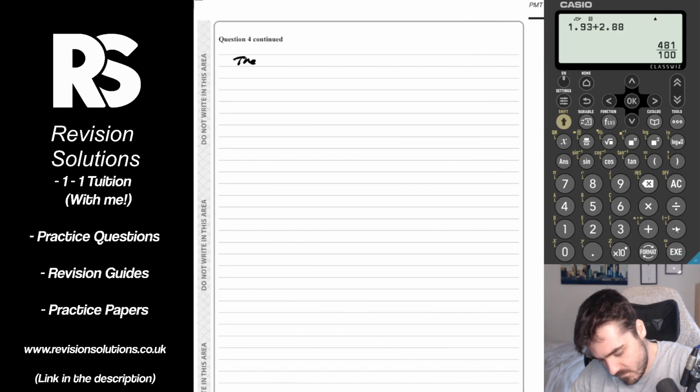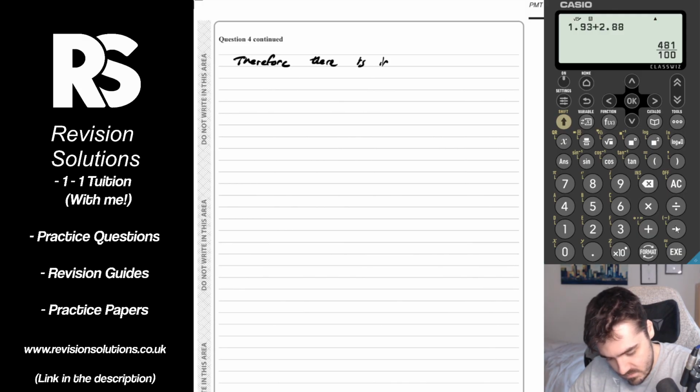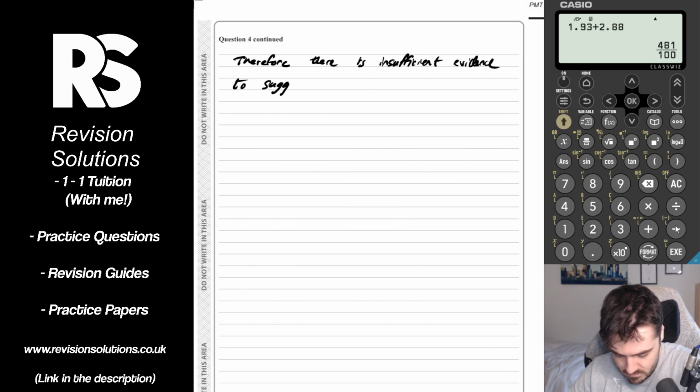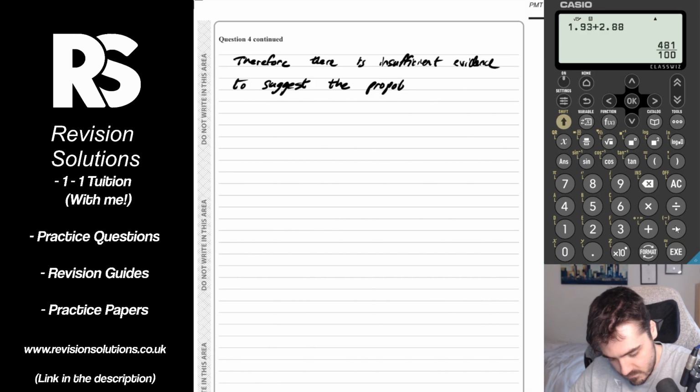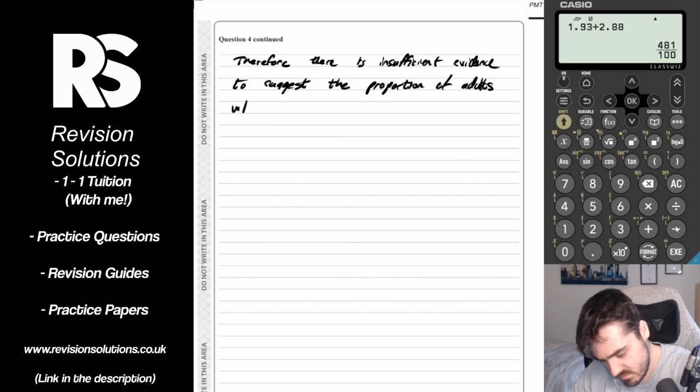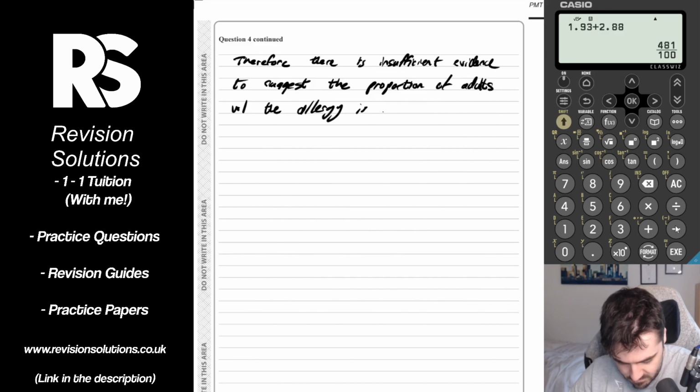And therefore, there is insufficient evidence to suggest the proportion of adults with the allergy is different from 25%.